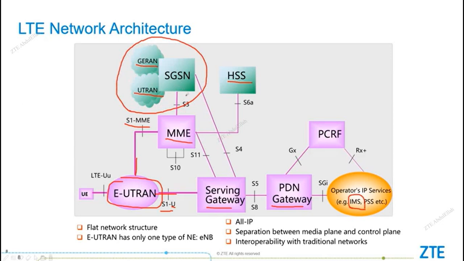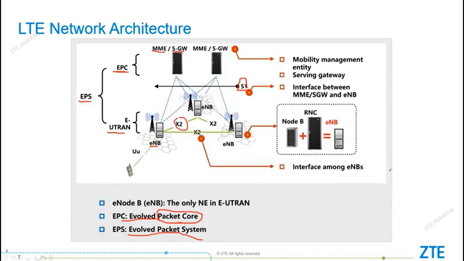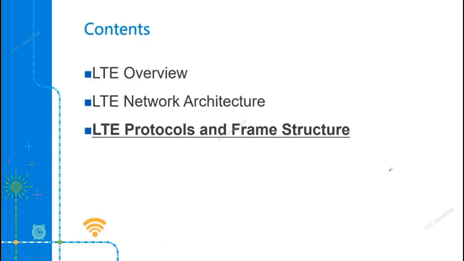So if you want to do CS fallback, we need an interface between the 2G and 3G core network and the LTE core network. Okay, so this is the LTE network architecture in logic, and the previous slide is the LTE network architecture in physical. Okay, so this is the second part.